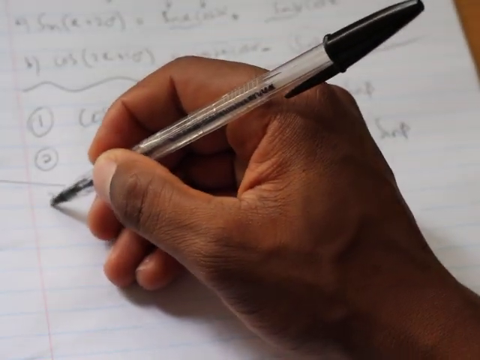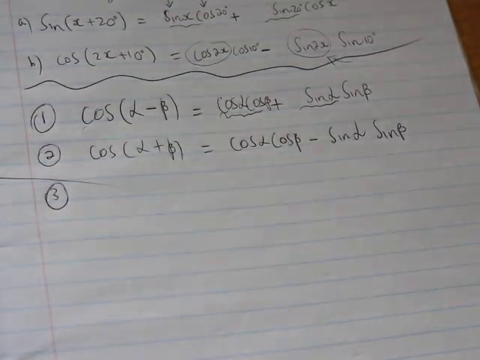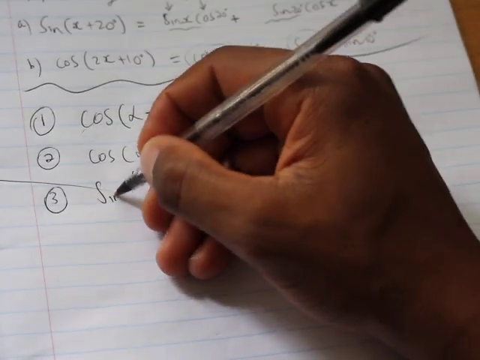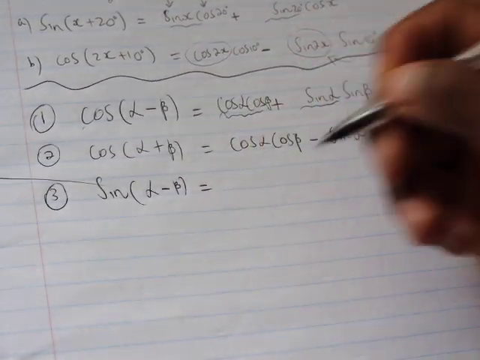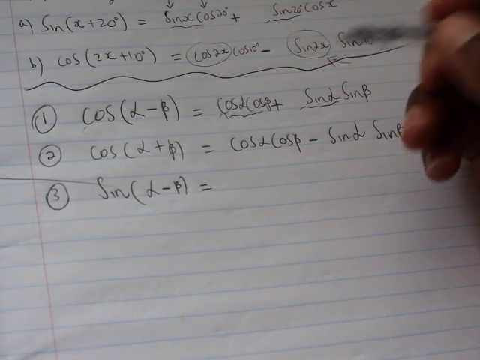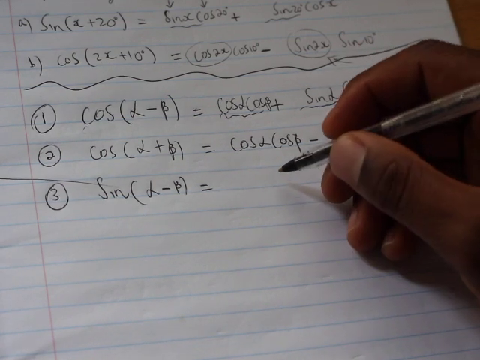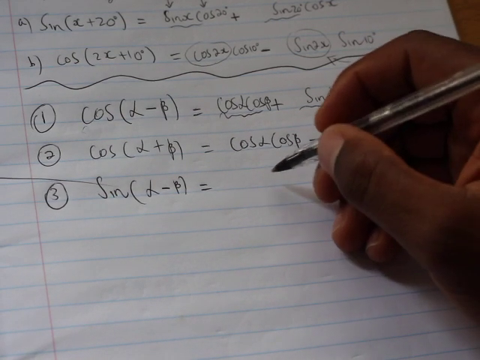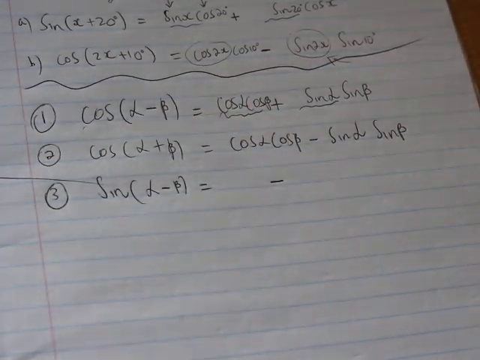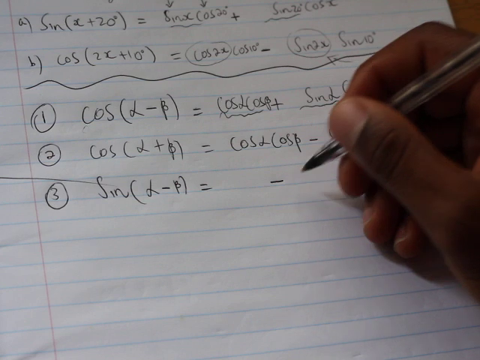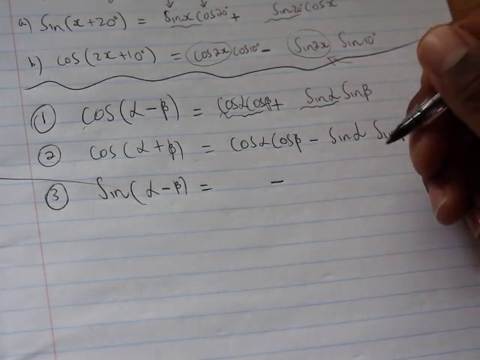And then number three, now we're switching trig ratios. Now we're looking at the sine of alpha minus beta. Okay, and the first thing that we're going to do, we're going to figure out the sign that's going to be in the middle. All right, and the sign is going to be what? Minus. With sine, we don't swap things around. If it's minus there, even here it's going to be minus. Cool.